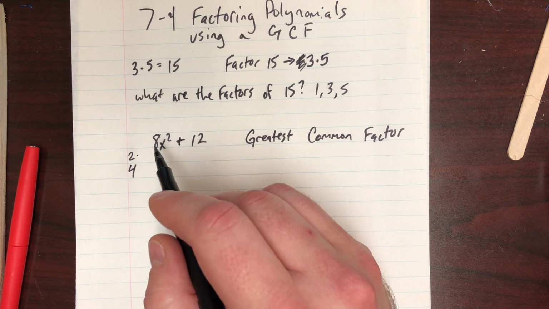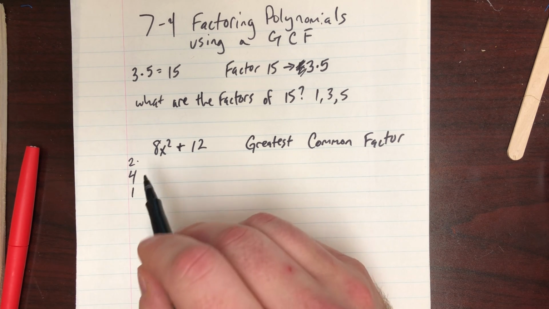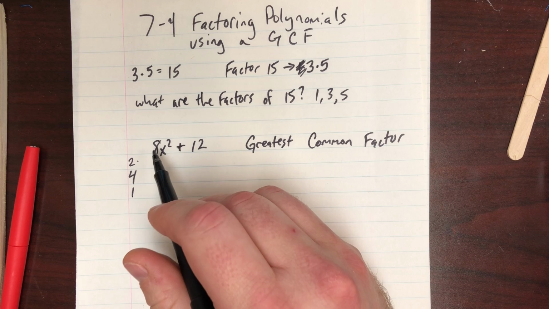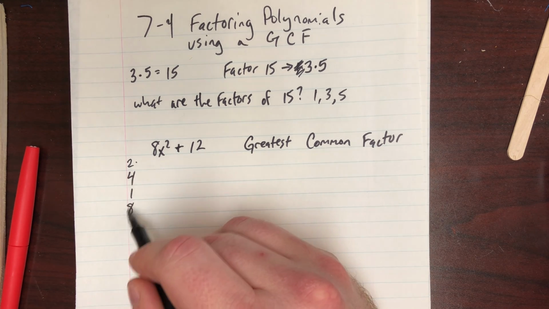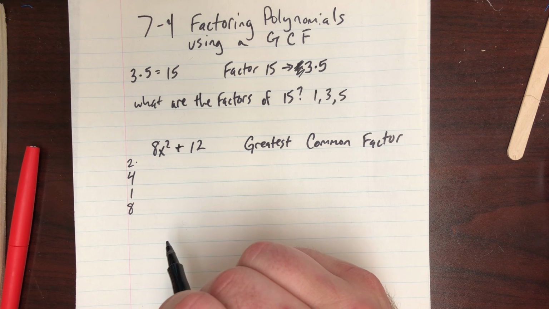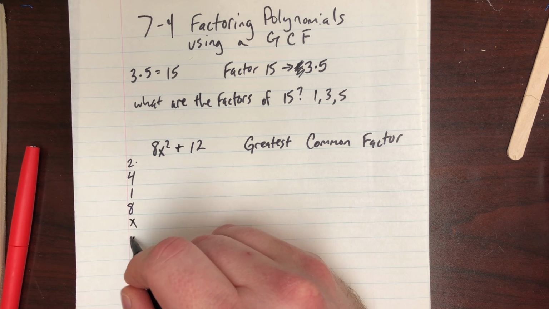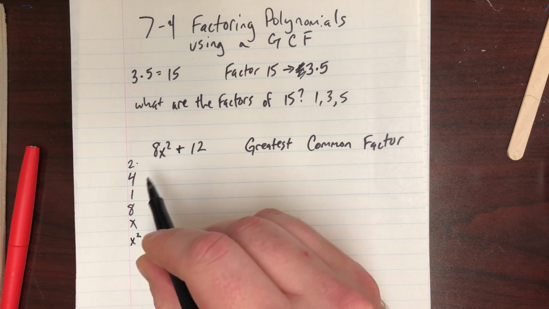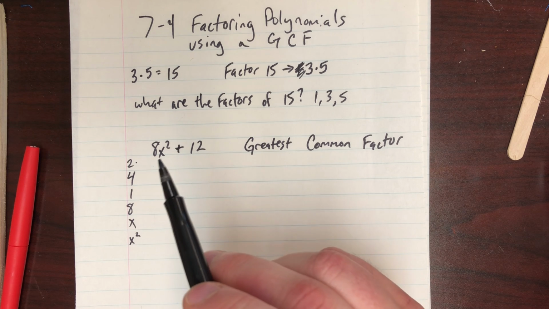I could also say 1 is a factor of it, because 1 times 8 is 8. I could also say 8 is a factor of it, right? All these numbers go into it. And I can also say that x and x squared are all different factors. I could multiply these by something and get 8x squared.